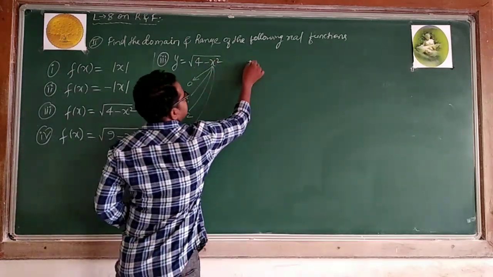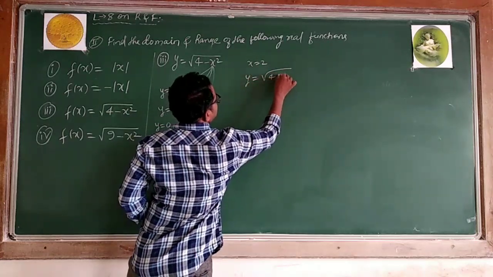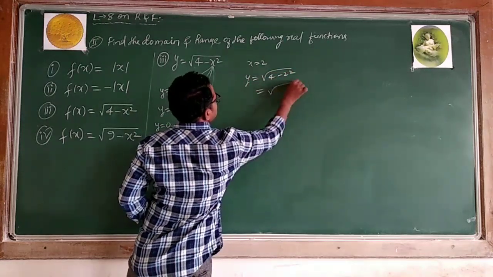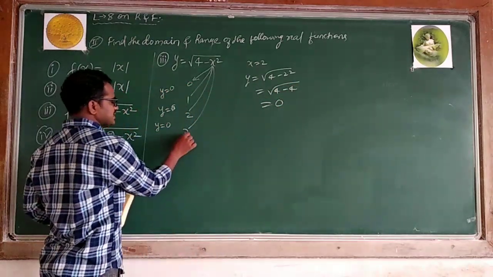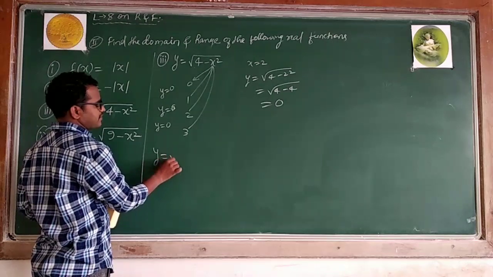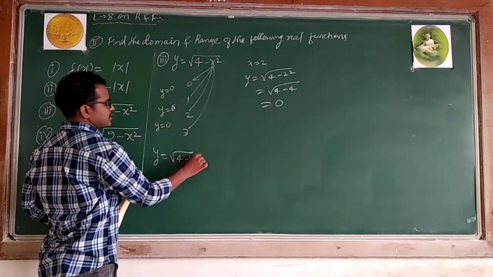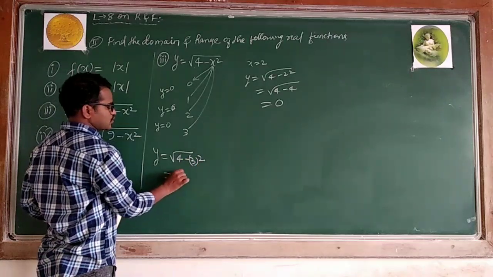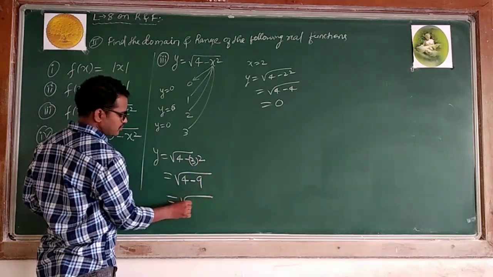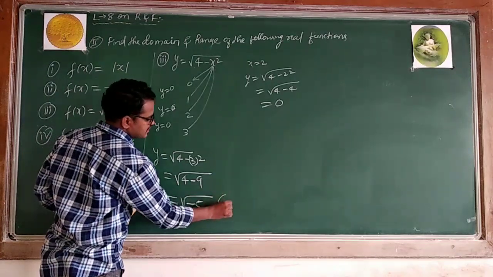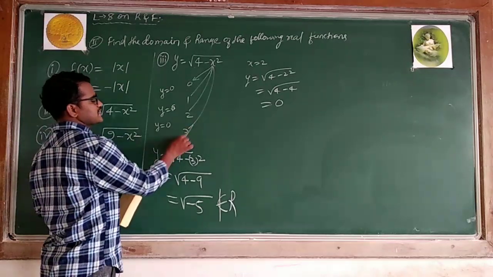So when x is 2, y value is 0. When x is 3, under root 4 minus 3 square, 3 square is 9, so under root 4 minus 9 is minus 5. It is imaginary. It does not belong to the real numbers. So don't consider 3.